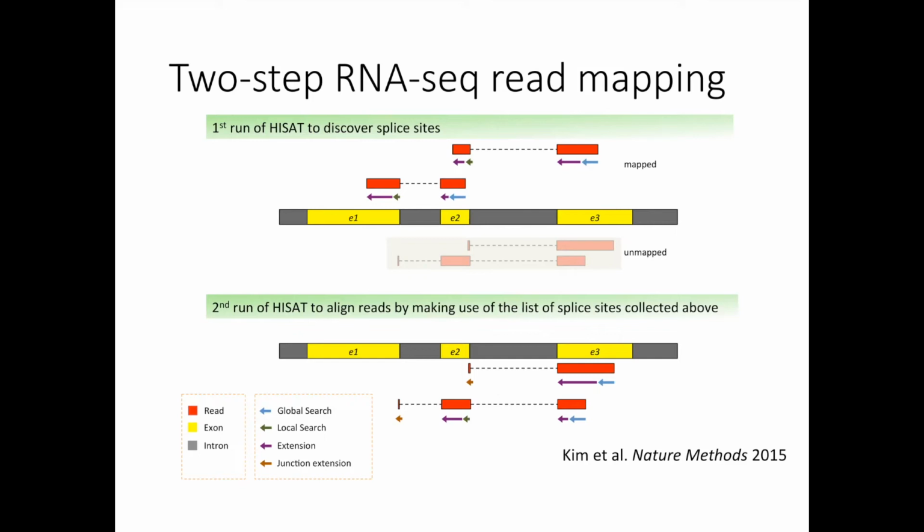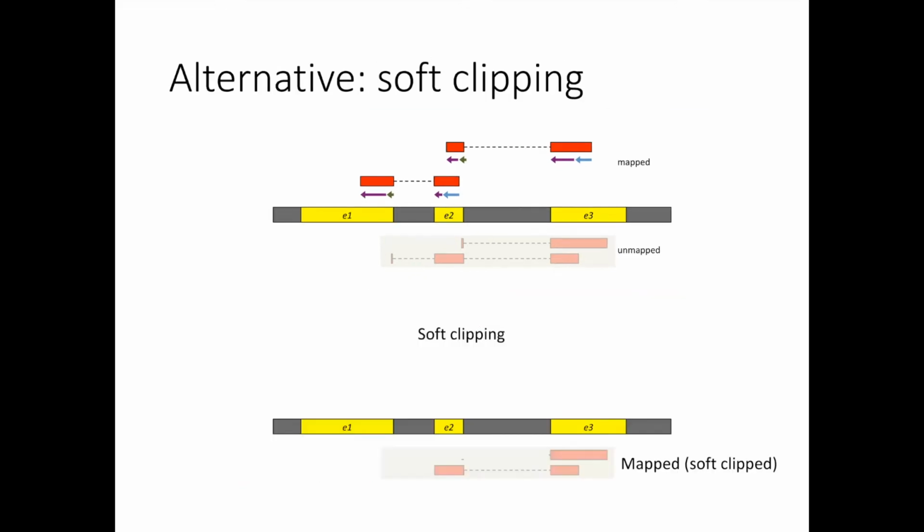STAR uses another way, and that's called soft clipping. That is basically if it's not so important to get the entire read right. The important thing is to actually map it to a gene.